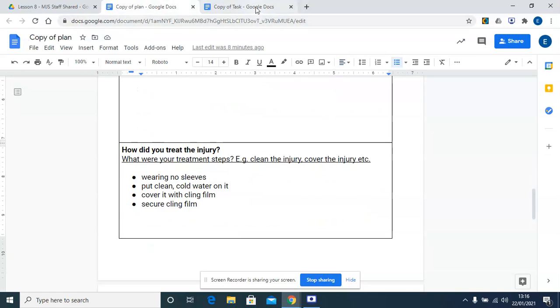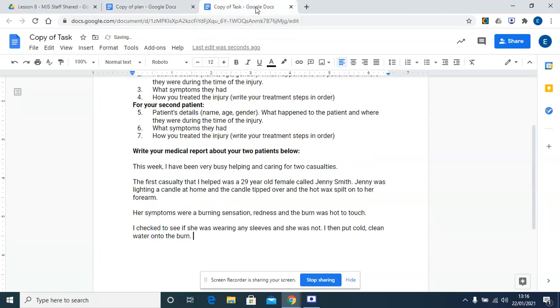Covering it with cling film. After I had put cold water on the burn, again, that's from our instruction text learning from English, you can use your adverbial of time. So: after I'd put cold water on the burn, I then wrapped it in cling film.